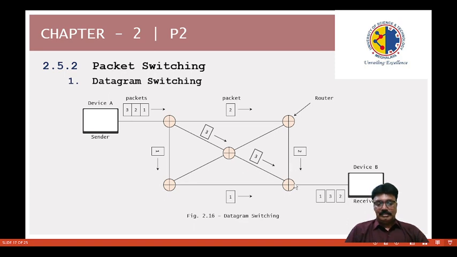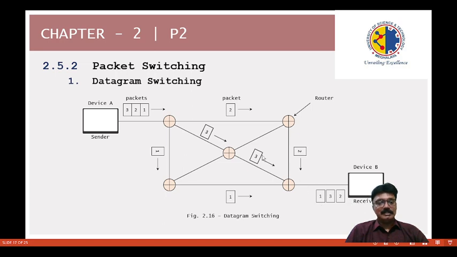So who will reach this router first? Accordingly, it will reach the receiver also. For example, 2 is going to reach the router first and it can be released from here, and the receiver may receive data packet 2. Then for example 3, then 1 will be there. So at this moment we can see the sequence is missing.